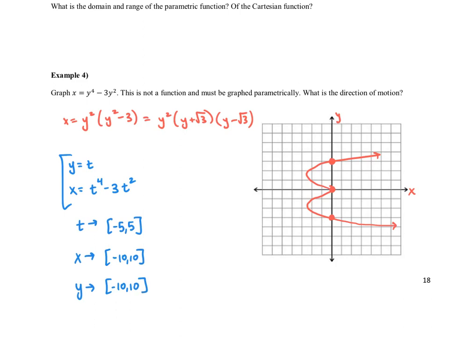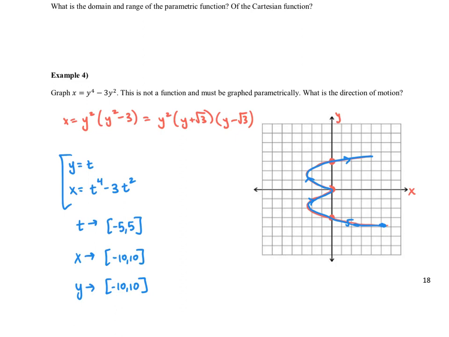You could certainly pick other windows as well, but this gives you a really nice path of this particular particle. If you were to graph this and slow it down a little bit, you'd see the path start over in this area and then sweep through this general pattern, and that would be our particular path for this particle if it was a parametric equation.